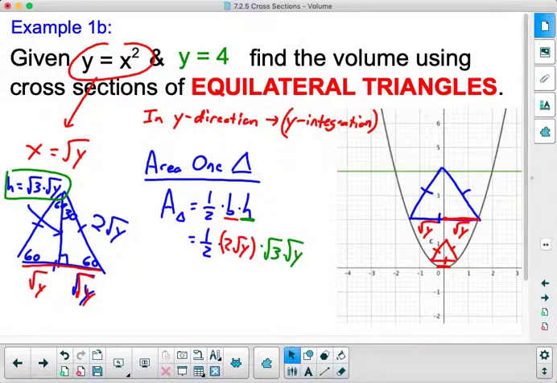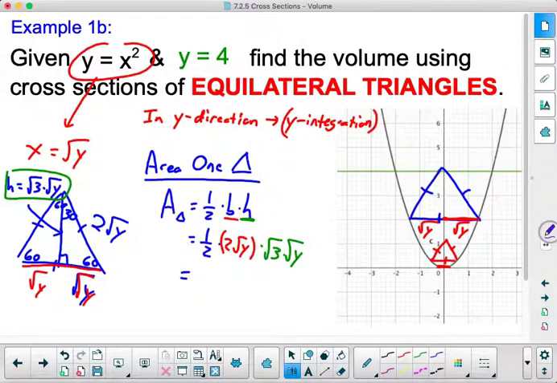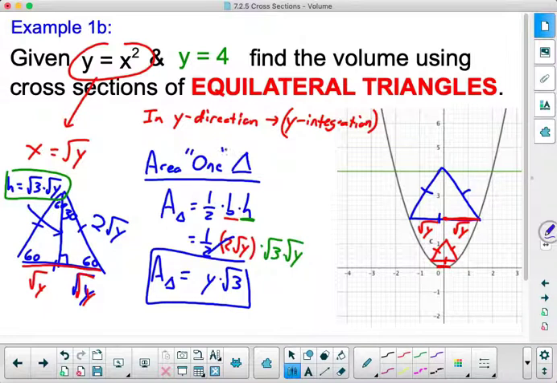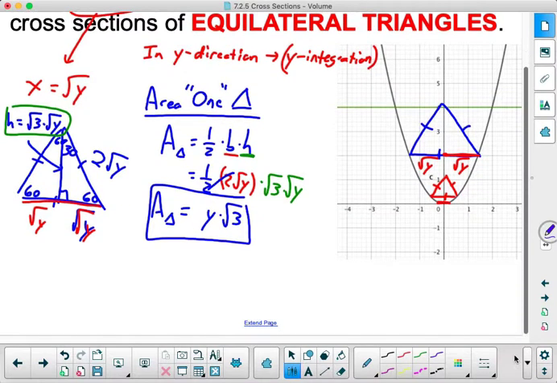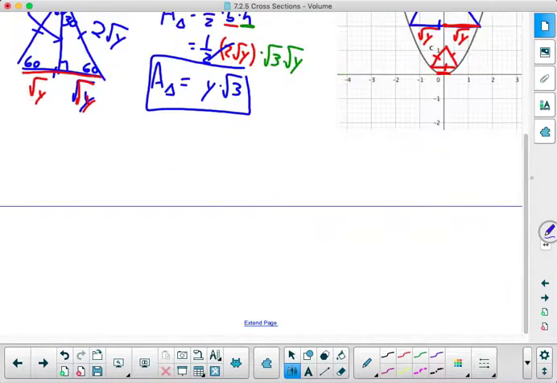And if I do all the math now and multiply this all out, my 2 and my half cancel out. I'm going to get the square root of y times the square root of y. I'm actually going to get y right there. And then I have times the square root of 3. That would be the area of one triangle. A little more work on that one to figure out, using some pieces. So, let's keep going though.